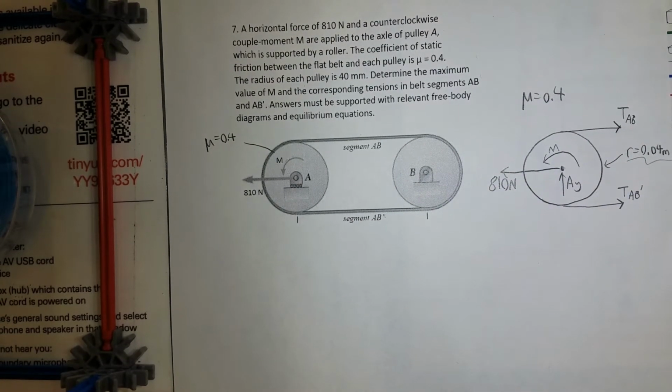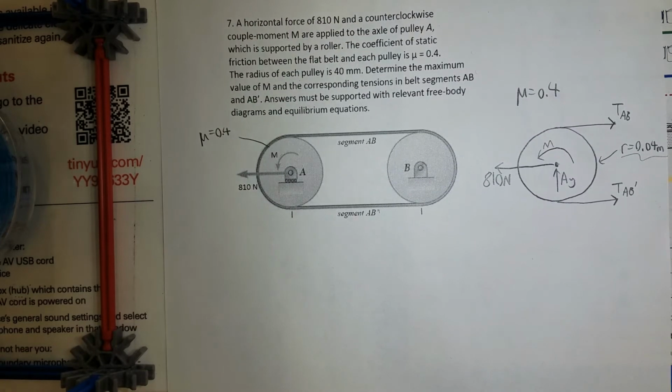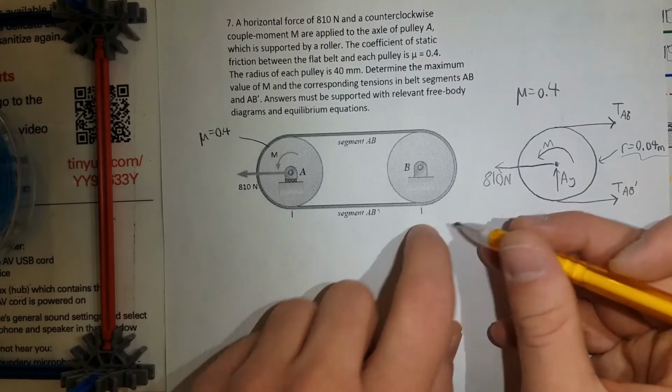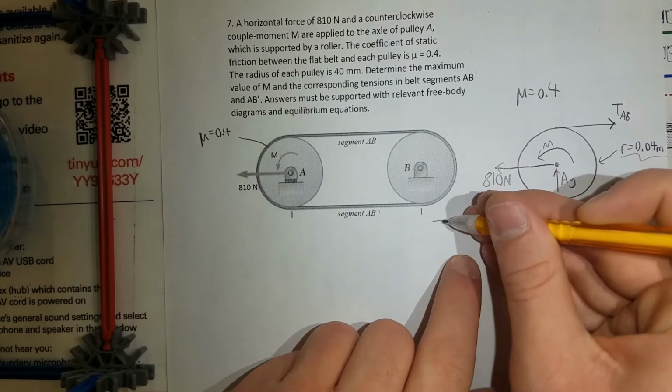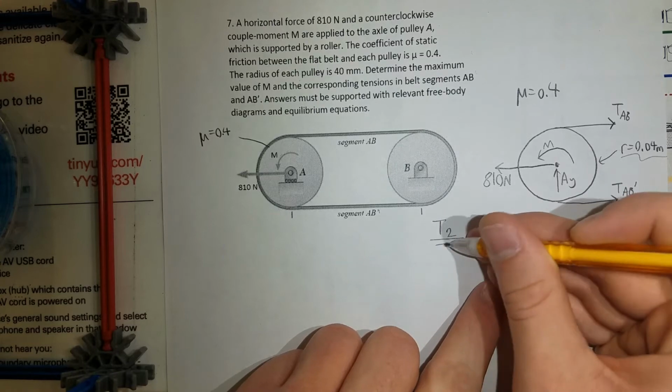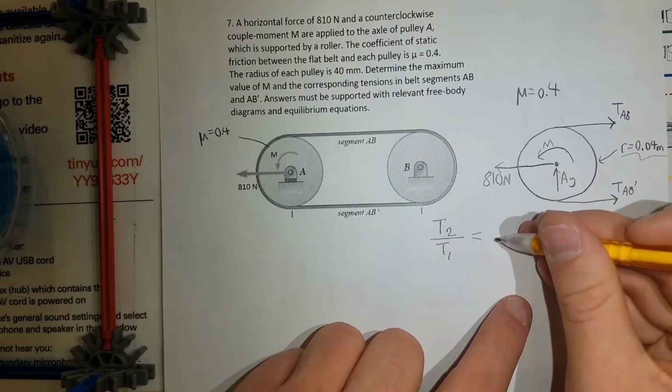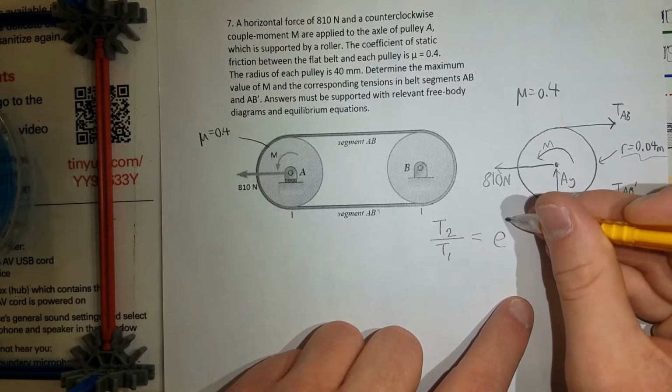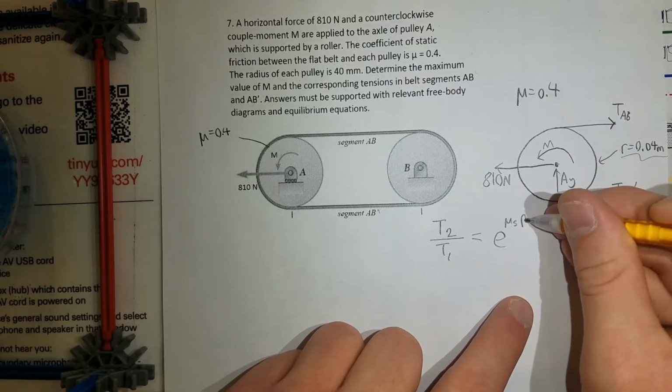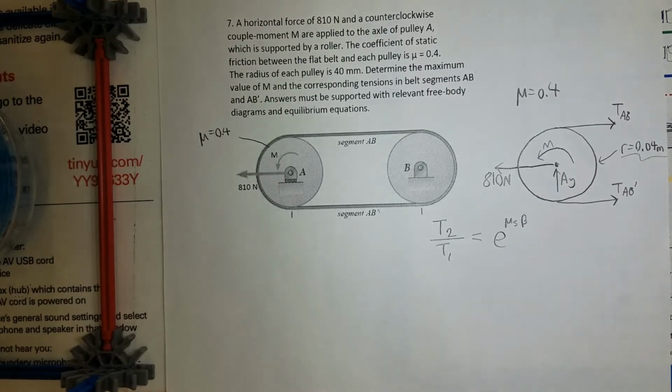Now this is where we get into some new concept stuff. I'm not going to talk about how to derive it, but in your lectures you should have been told about an equation where T2 over T1 is equal to e to the mu s times beta. It sounds like a whole bunch of gibberish.